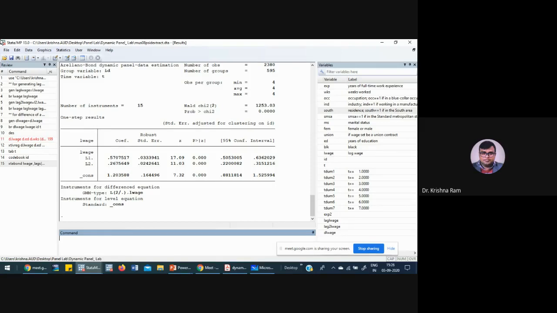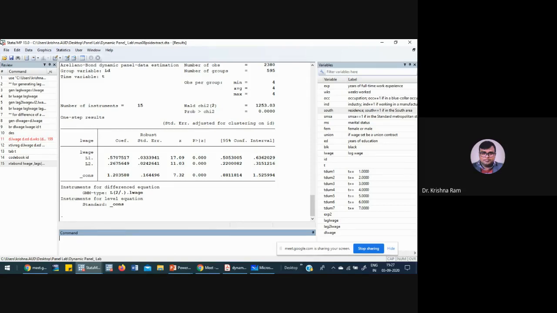Since the regression equation that is estimated in this case is in first difference form, when we take a first difference of y_it minus 2, that is y_i,t-2 minus y_i,t-3, so the 3rd time period is omitted in the calculation of that regression model.